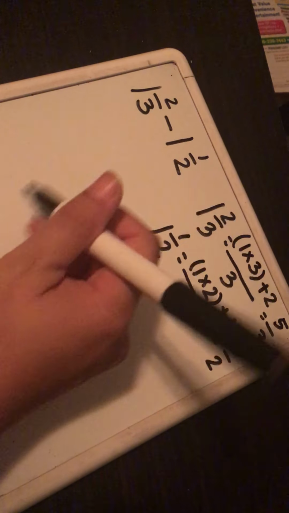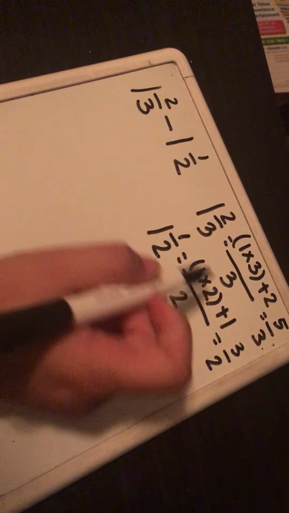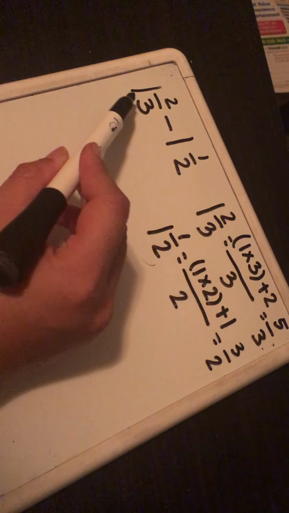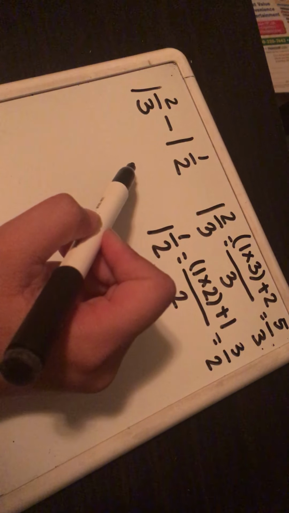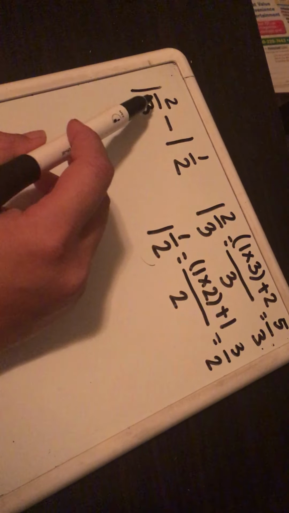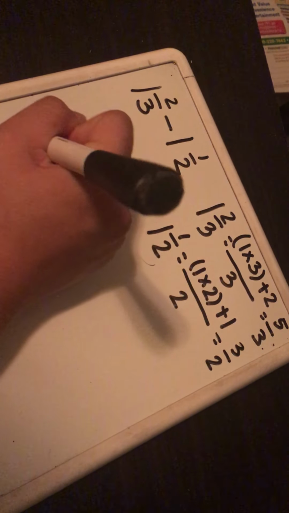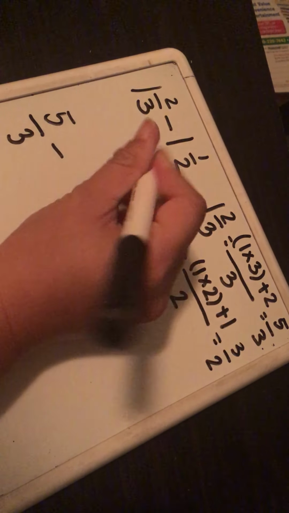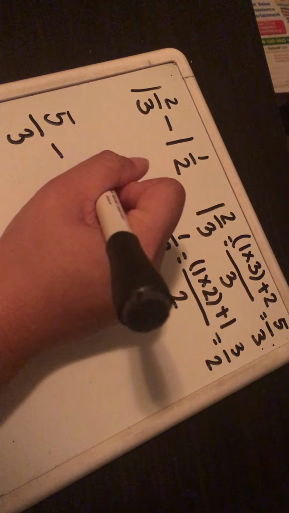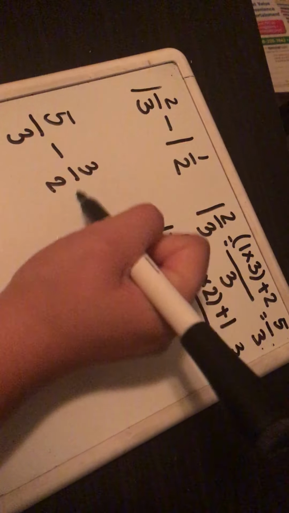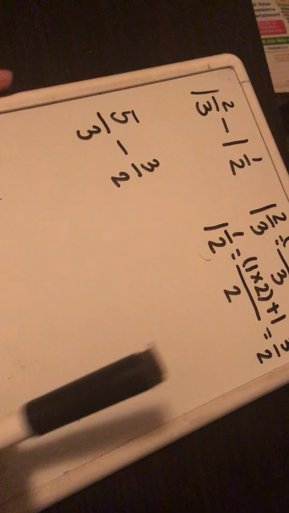Okay, so from here, let's see where our conversion is. 1 2/3 is the same as 5 over 3. Minus 1 1/2, which is the same as 3 over 2. Before we subtract, we have to determine what one number 3 and 2 have in common.